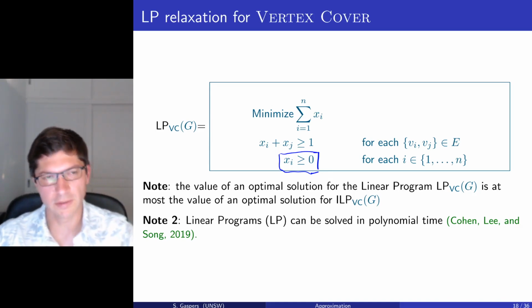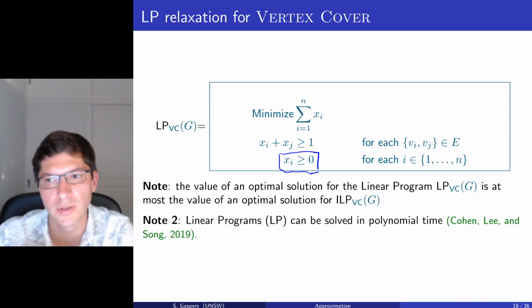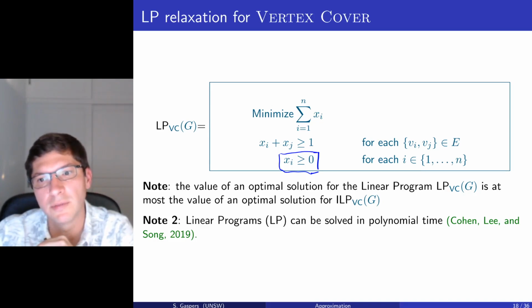So we can observe that, well, since we didn't add any constraints, but just removed constraints, we made it easier to minimize this function. So now the value of an optimal solution for the linear program is at most the value of an optimal solution for the corresponding integer linear program. It turns out that linear programs can be solved in polynomial time.